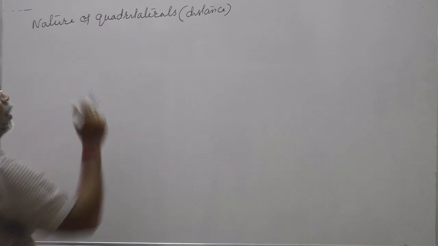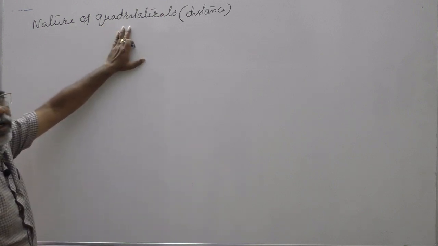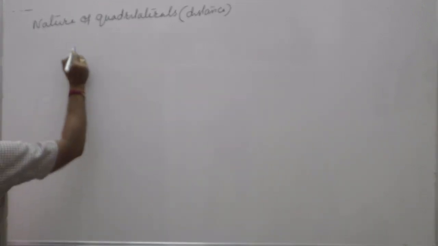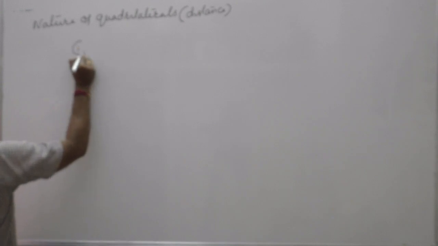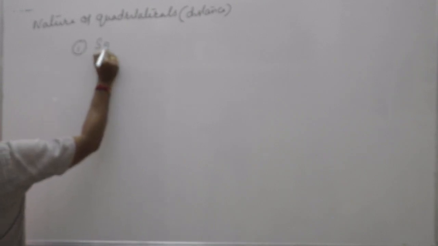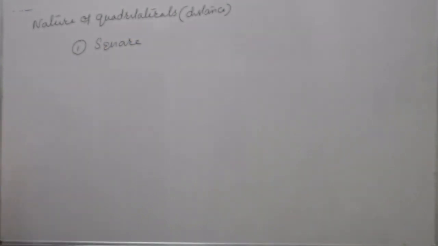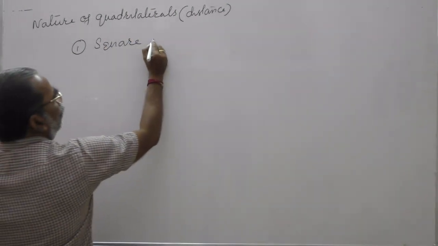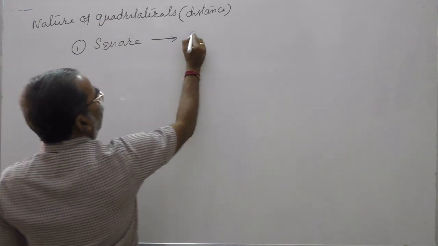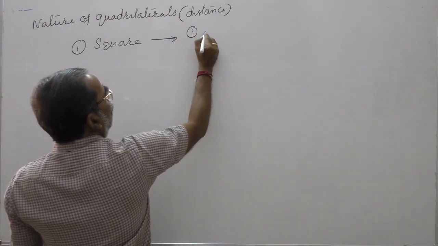So we will see the nature of quadrilaterals through distance properties. Number 1. If a quadrilateral is a square, then the condition should be 2 conditions.